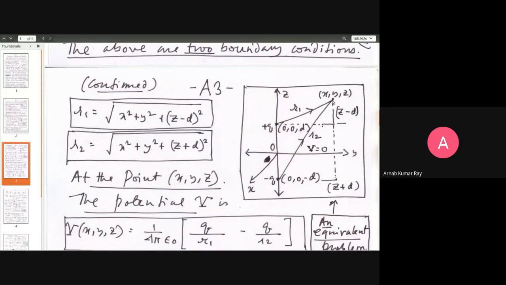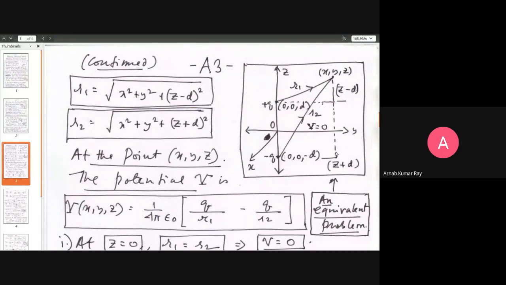What is its coordinate value? With respect to r2, what is the coordinate value of x, y, z? Let us see. x and y remain the same. With respect to the z equal to 0 plane, this height would be z. But now you have gone below the plane by a distance of minus d. So this height will be z minus of minus d.